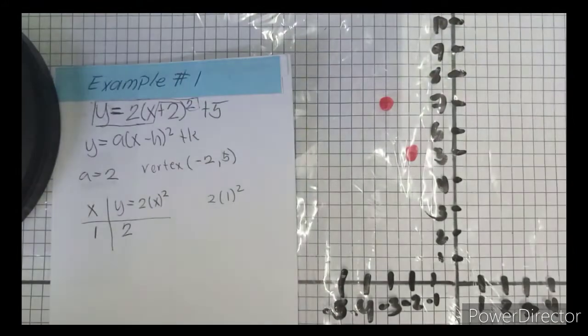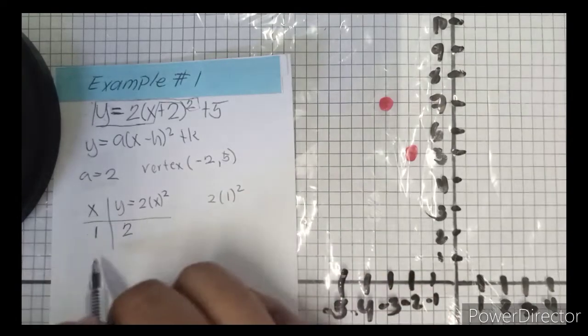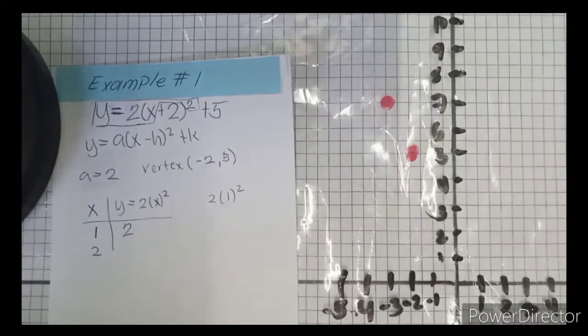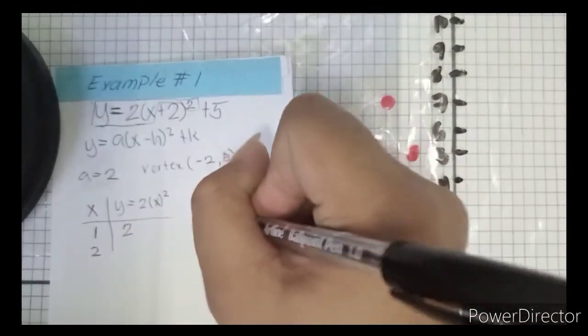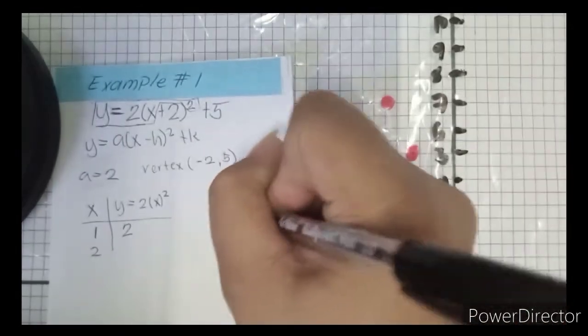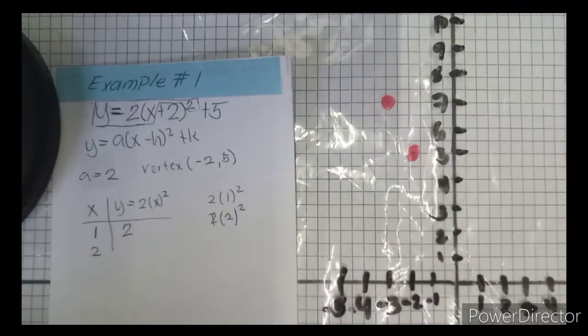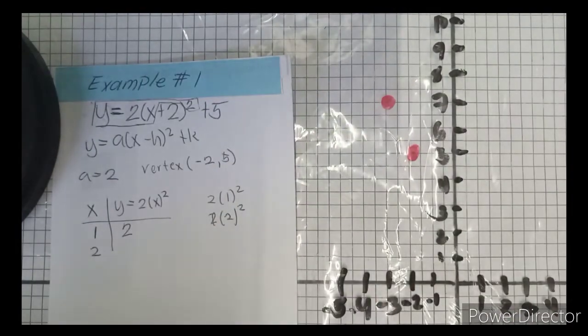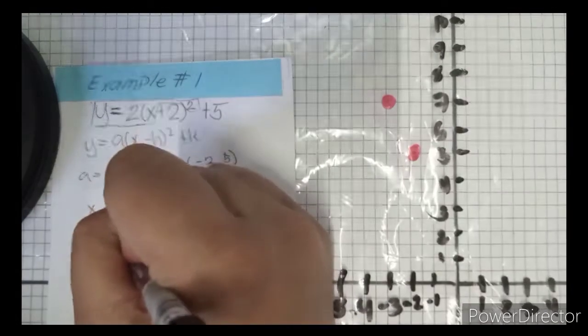So, 1, 2. Andito siya ngayon sa tapat ng 7. Okay. Next, try ulit natin. Let's say 2. Okay? I-substitute natin ulit. So, 2 times 2 is 4. 4 times 2 is 8. Okay?